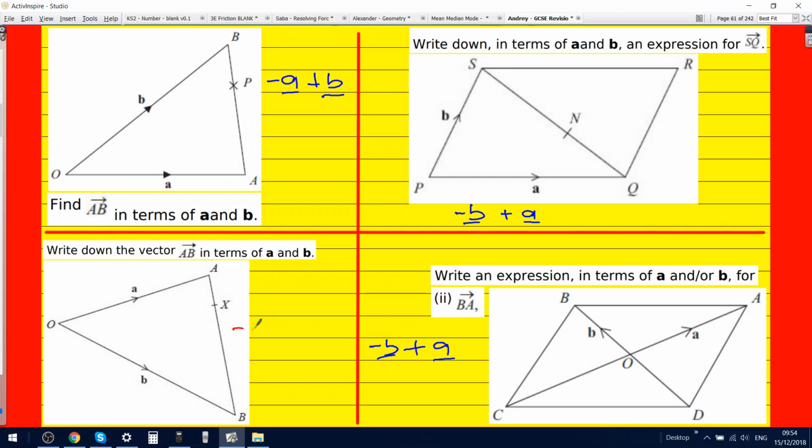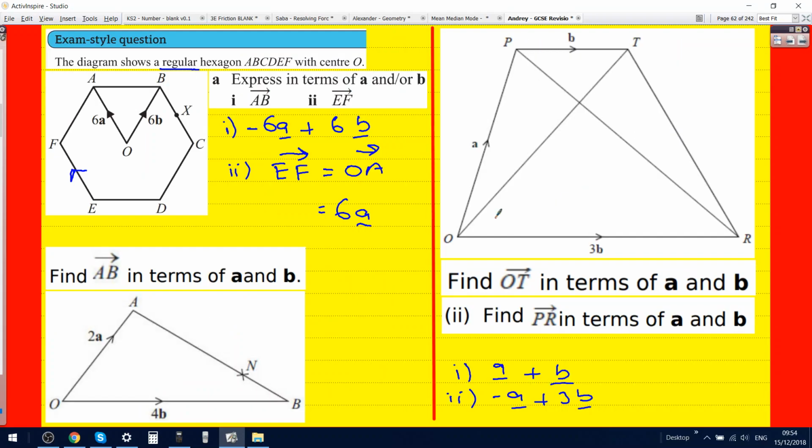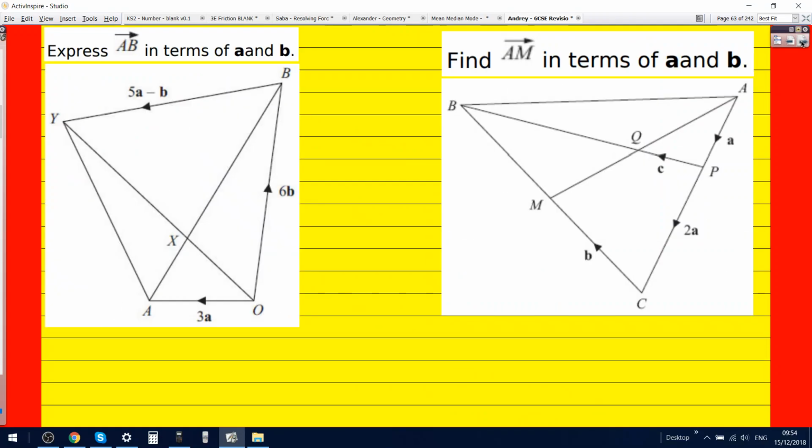Minus A plus B. Bottom left for this one. Minus 2A plus 4B. Yeah. Okay, we'll just continue these ones.